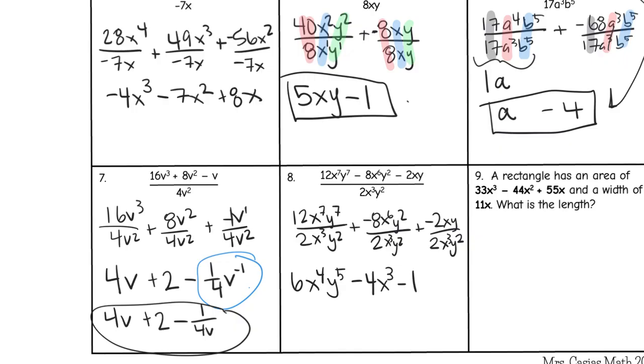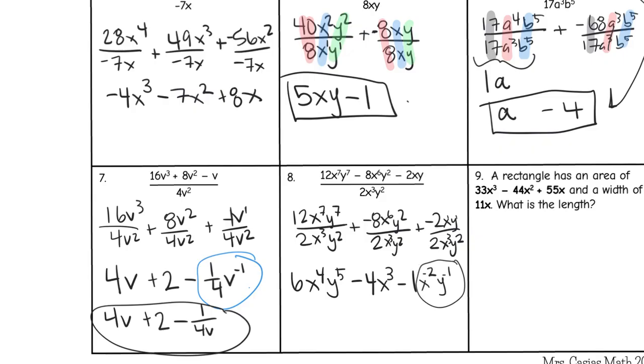And this one, again, I can tell I'm not going to have a polynomial because my exponents in the denominator are bigger than my exponents in the numerator, which means I'm going to end up with variables in the denominator. If I do x to the 1 minus 3, I'm going to end up with x to the negative 2. And y to the 1 minus y to the 2 gives me y to the negative 1.